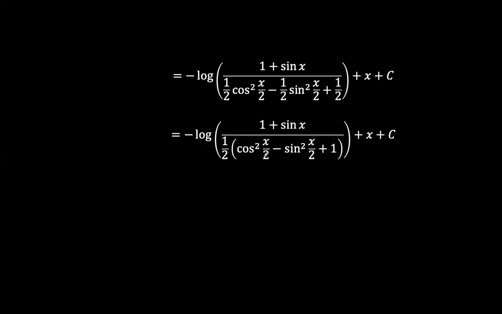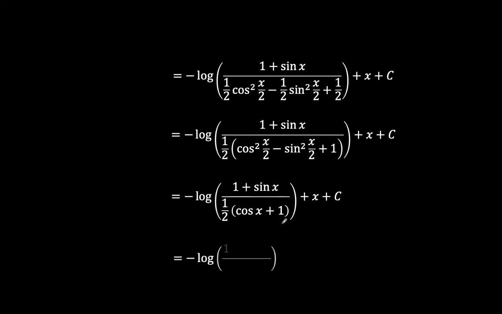Now this cosine squared x over 2 minus sine squared x over 2 is the same as cosine x. So we can now write that this is the same as negative natural logarithm of 1 plus sine x over half cosine x plus 1. So using the rules of logarithms, we can pull this half out, since the logarithm of a product is the sum of the logs of the independent terms.